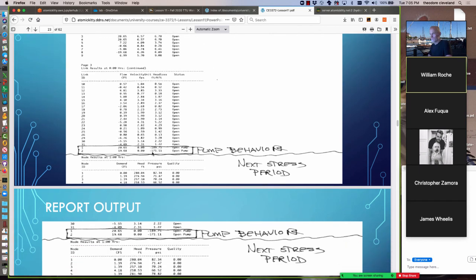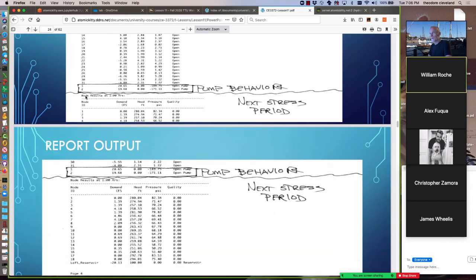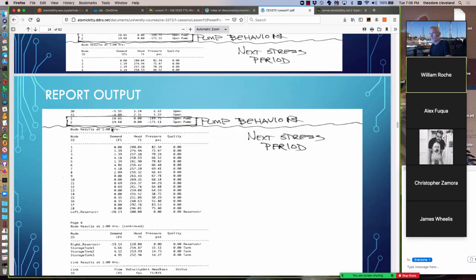Head loss per 1,000 feet in a pump doesn't make a lot of sense, but you can think of this minus 189 as the pump adding 189 feet of head per 1,000 feet of equivalent pipeline at 20 cubic feet per second. So it's following its pump curve. Then it repeats for the next hour, so no results at hour 1, and so on.